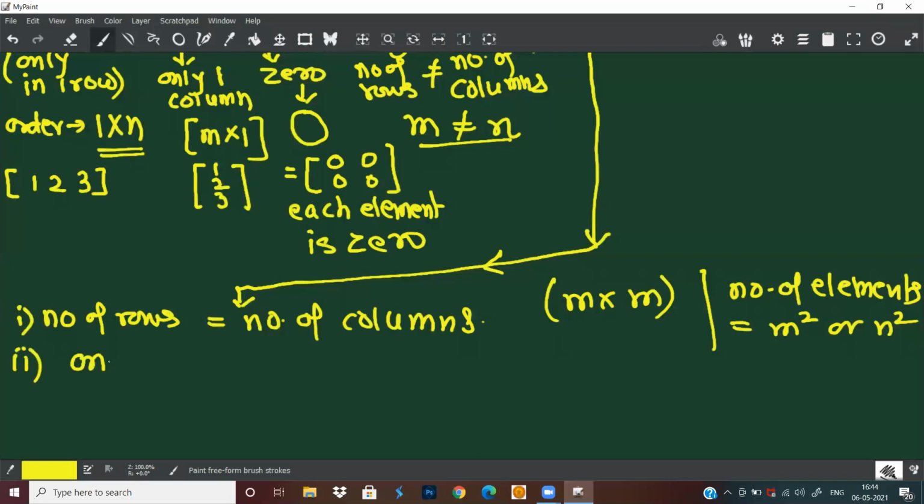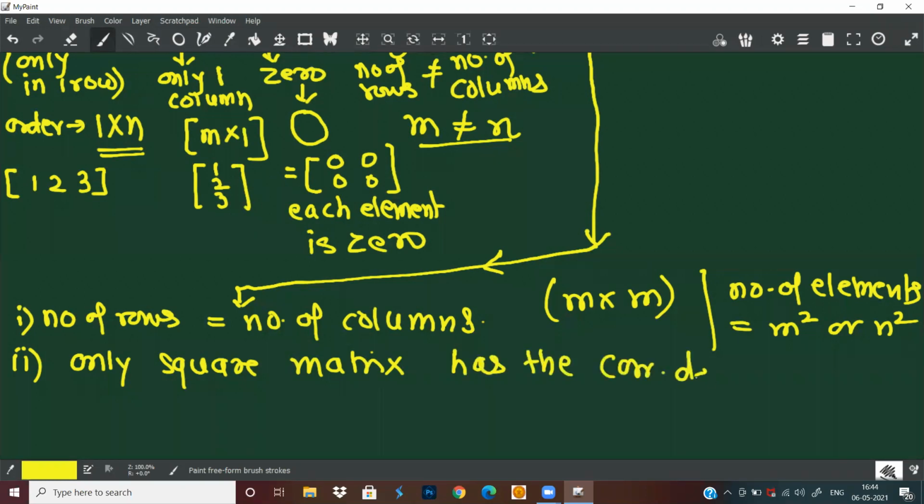Second thing, only a square matrix has the corresponding determinant. Because determinant में चाहिए ही अपने को number of rows and number of columns are equal. Means if A is a square matrix of order m by m, then determinant A is possible.